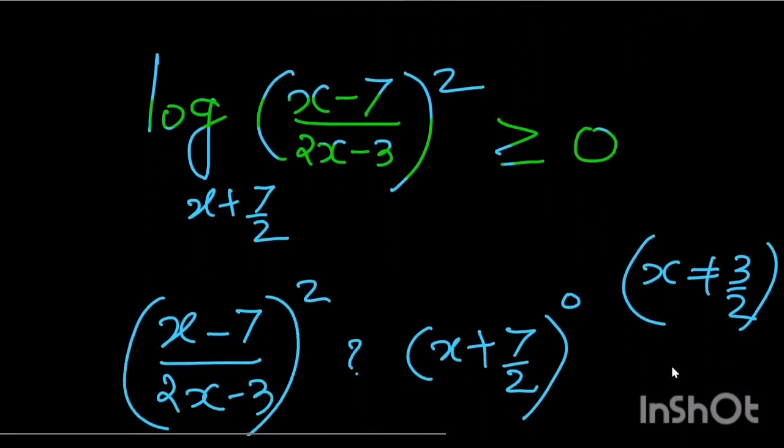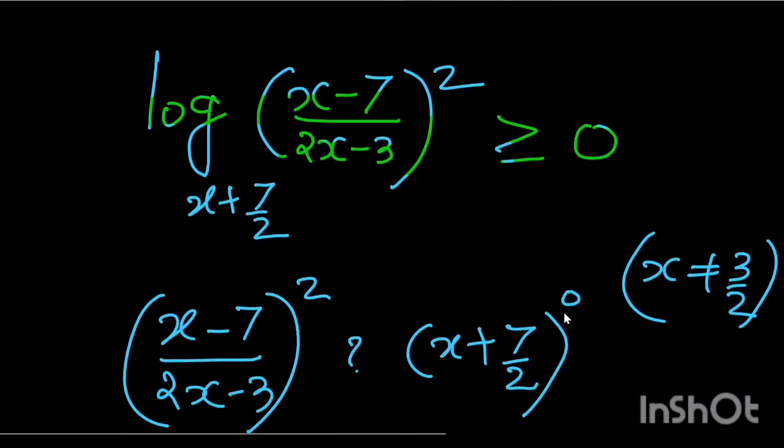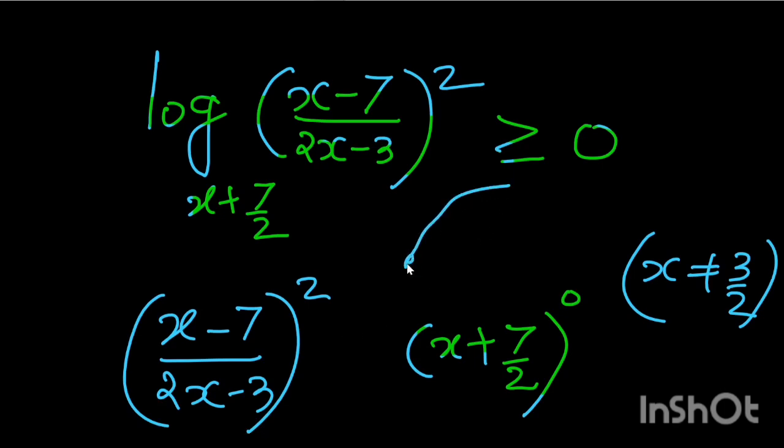So the next, (x plus 7 by 2) to the power 0, converting using the log inequality. The base will come, push this 0 up. So what would be the sign? Since we already assumed the base to be greater than 1, this would be the same sign, so it has to be greater than equal to.